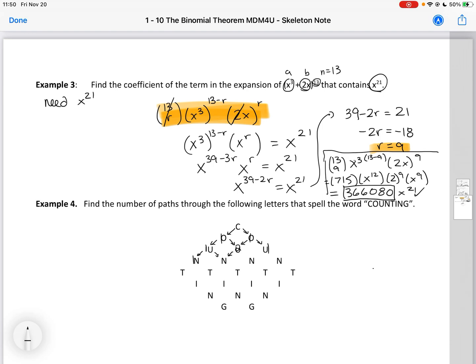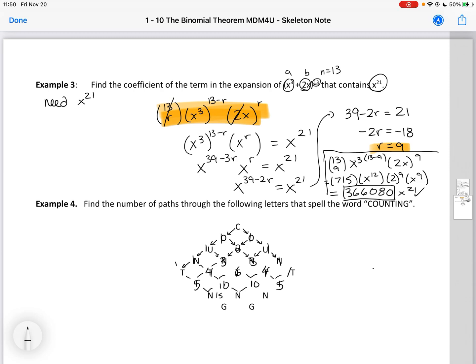So to get to N would be 1, 3, 3, and 1. Hopefully you're seeing a pattern here. And then I've got 4, 6, 4, and 1 to get to the T. Now I have to go back in. So 5, 10, 10, and 5.